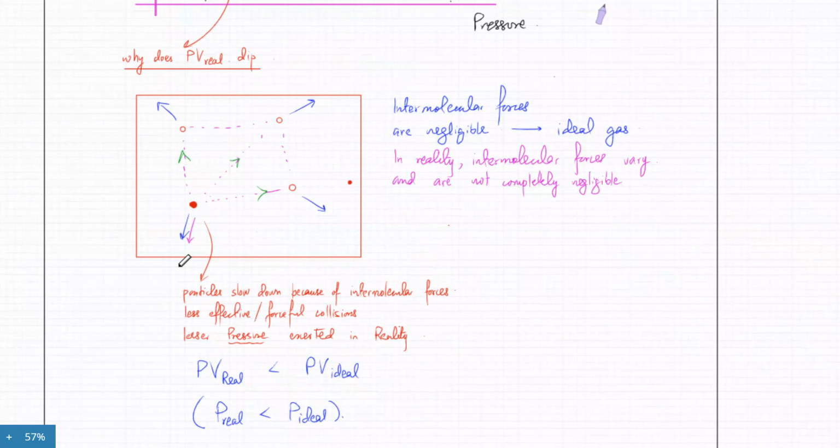The particles that hit the walls of the container are going to slow down because of the attraction of the other molecules, which is why the pressure exerted in reality is going to be lesser than the one you're getting from the equation. So the real pressure is going to come out lesser, and the product P into V would actually be a lesser value compared to the one from the equation. In reality, you measure the pressure gauge, you measure the volume, and you get a smaller value.